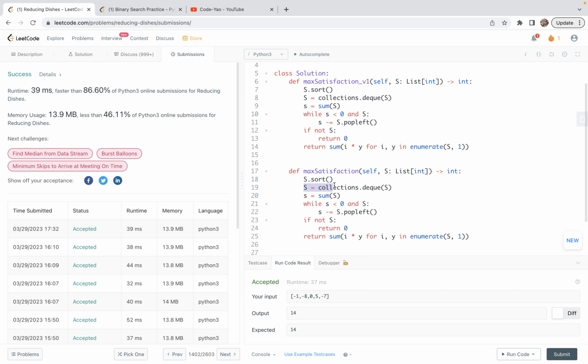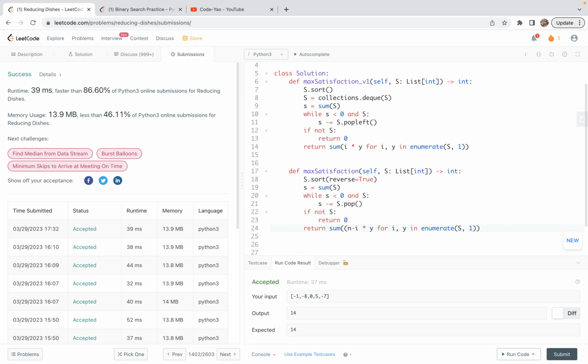And then after I sort, I do not use deque. But here I do the sort in reverse order. I just need to pay attention when we do the return, right? So we get this, and then we just need to pop from the tail, the last element. Then same thing here: if not S, we are going to return 0. But now the largest element will be at the beginning of S. So in this case, we need to adjust this, right?